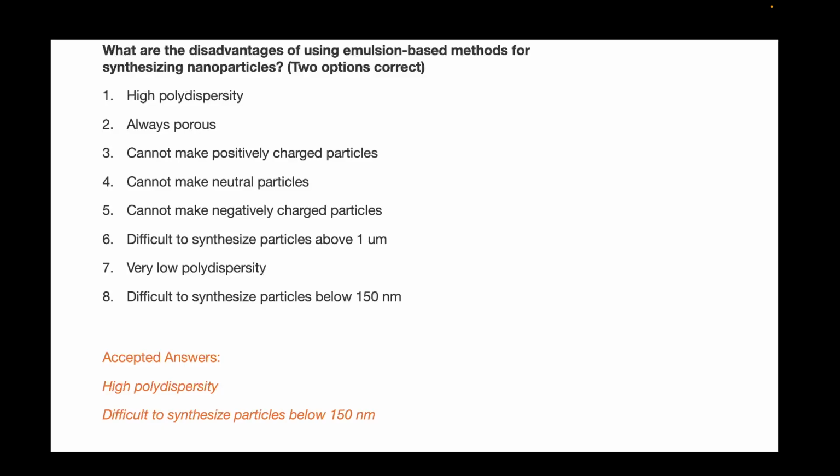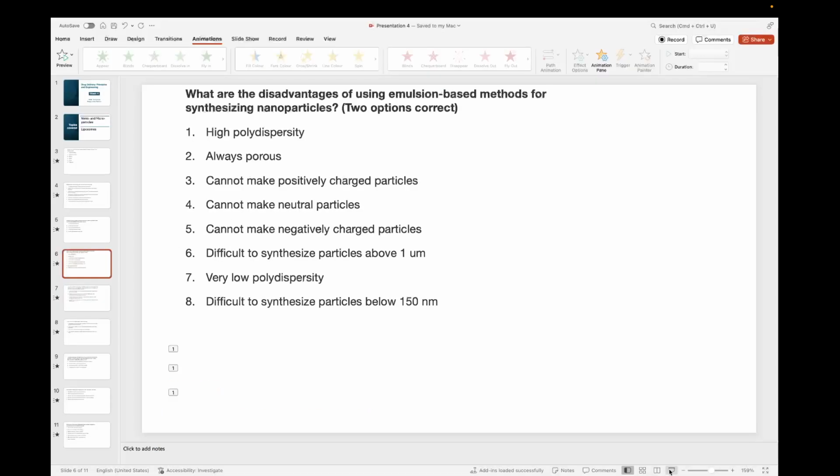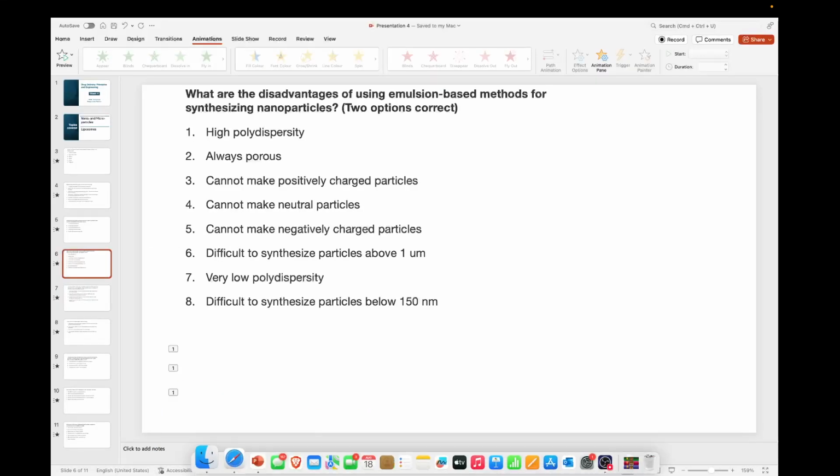High polydispersity here means there will be a higher range of particles based on size. Let's say if you want to make 500 nanometer, then you'll get a range from 100 nanometer to 1 micrometer. That's a huge range, or huge polydispersity index, and there will be lots of different sizes of particles, not a very narrow range that you would like when making particles.